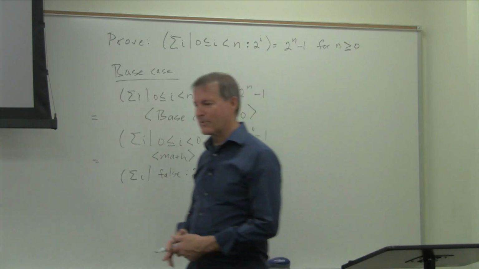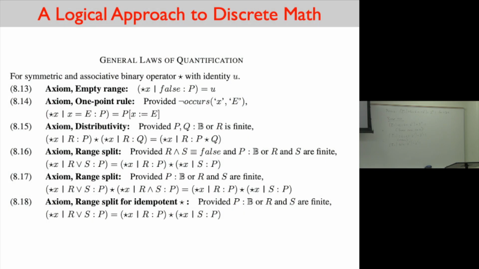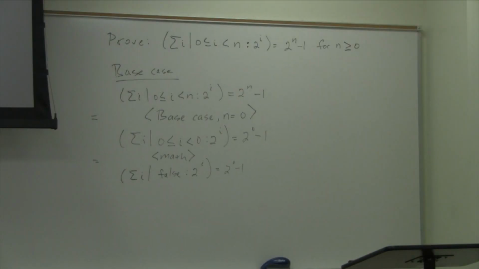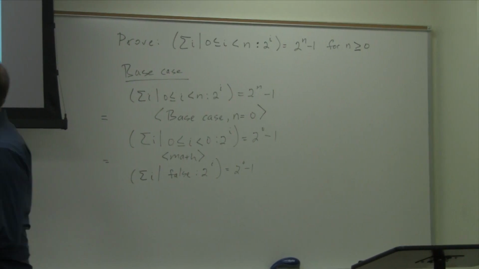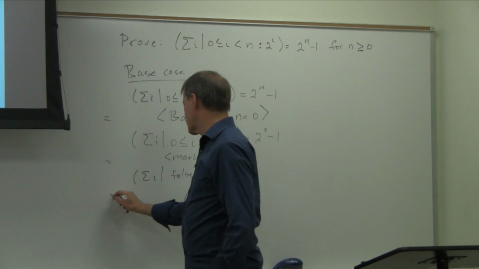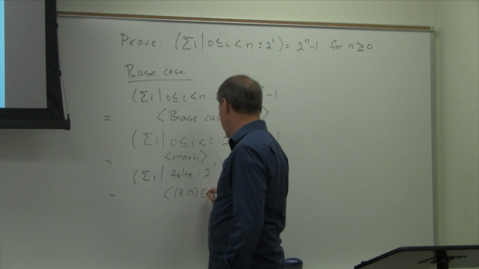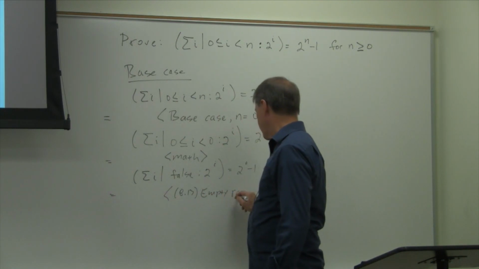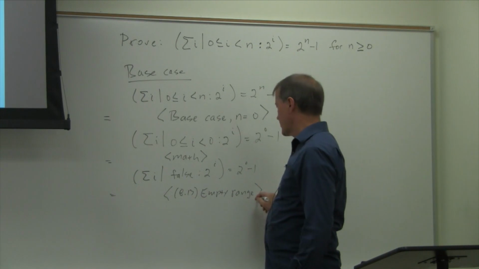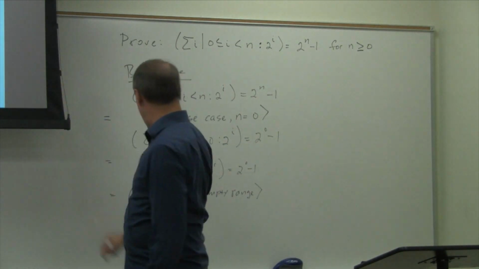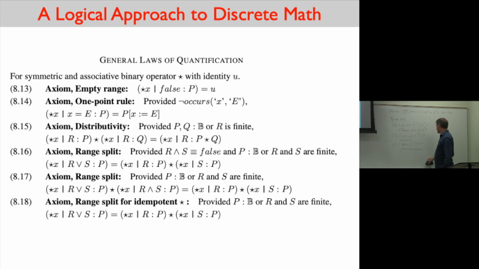Empty range rule. Now, where was that? The very first axiom of... man, oh no, I'm going the wrong way, I was going up instead of down. Empty range, 8.13. So this equals, by 8.13, empty range, u. But what does u mean? That's the identity.